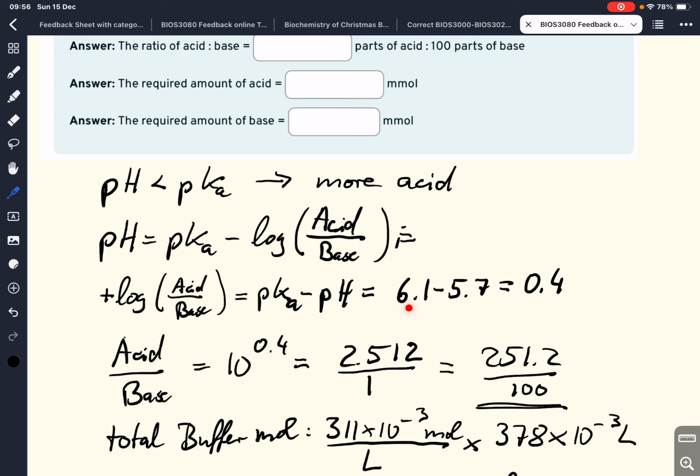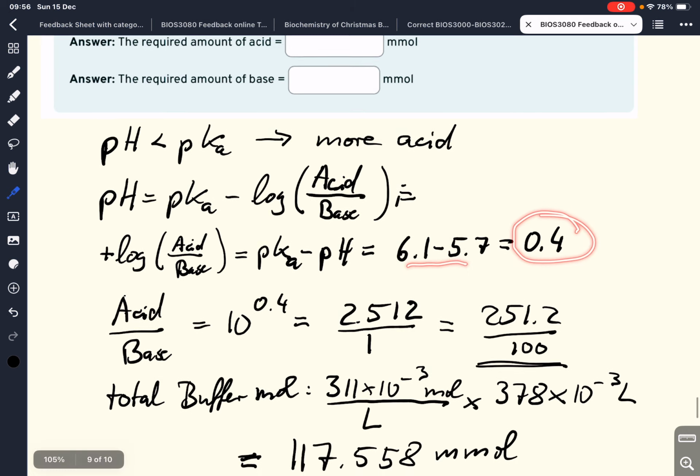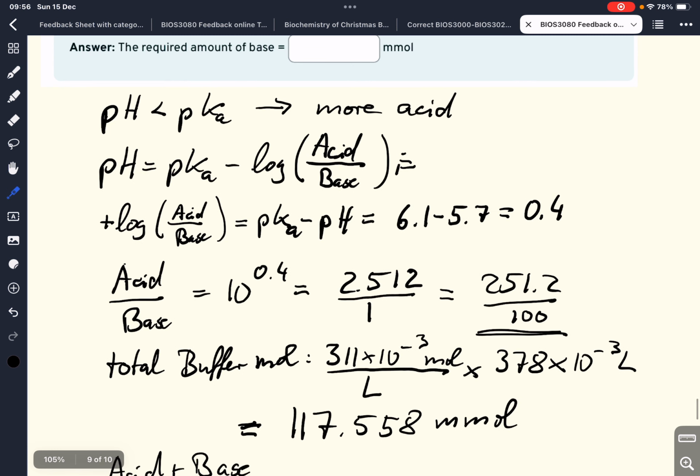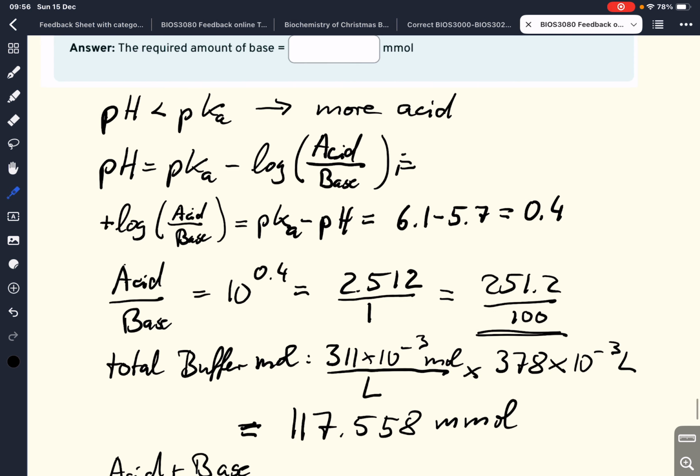So 6.1 minus 5.7 gives a difference of 0.4. So the logarithm of the acid to base ratio should be 0.4. And we can nicely get rid of the log by simply taking everything 10 to the power.